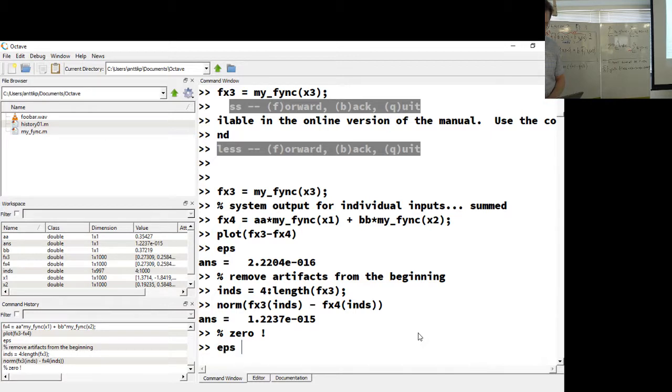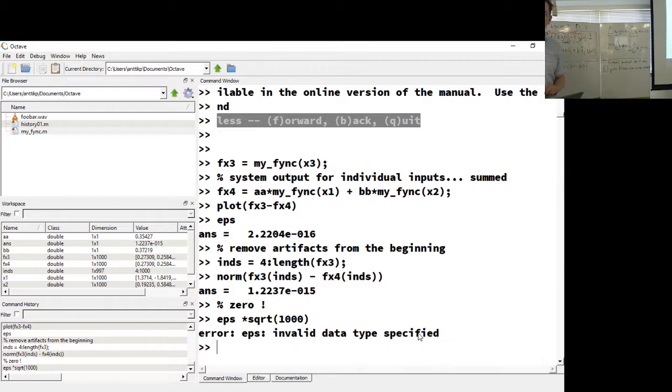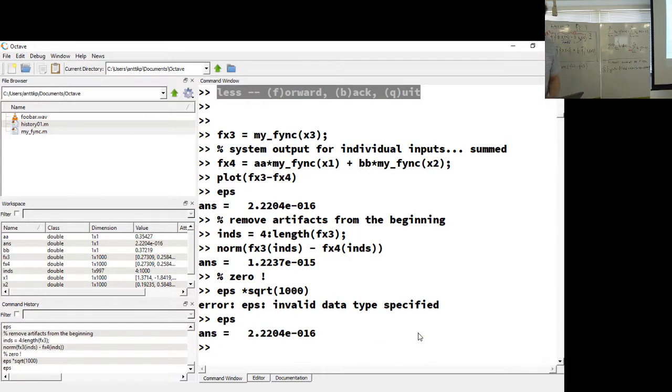So machine epsilon times the square root of n, where does that come from? Well, this is tough statistics. Let me compute eps times the square root of 1,000.